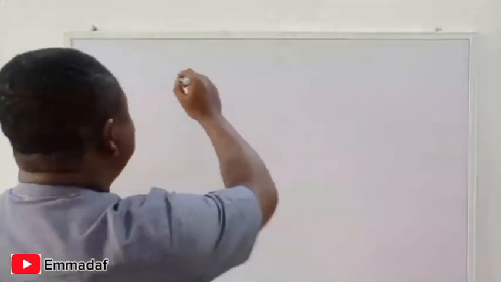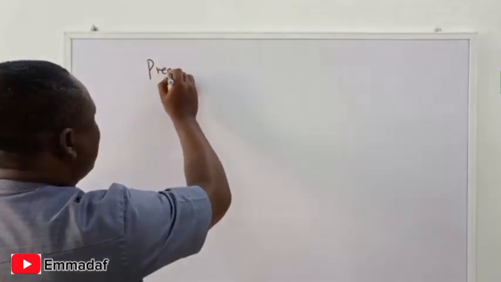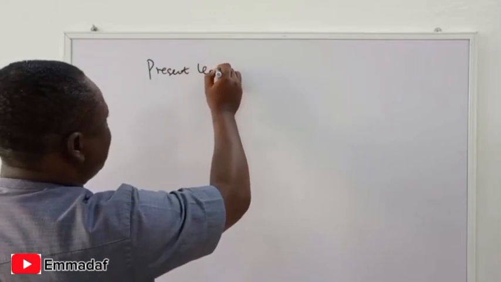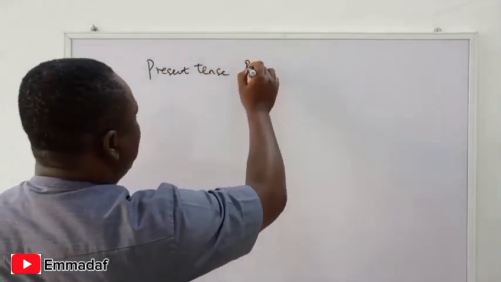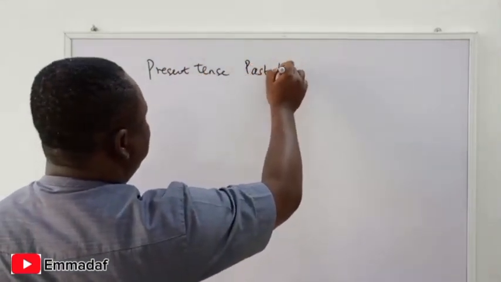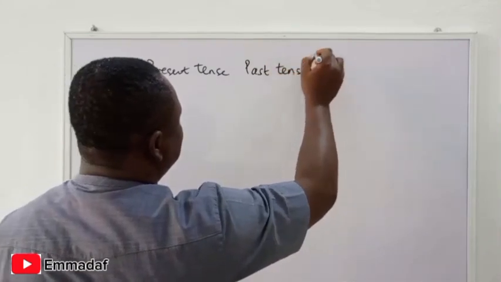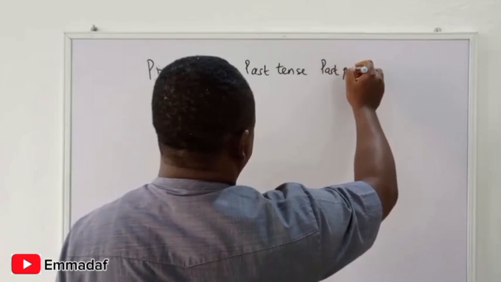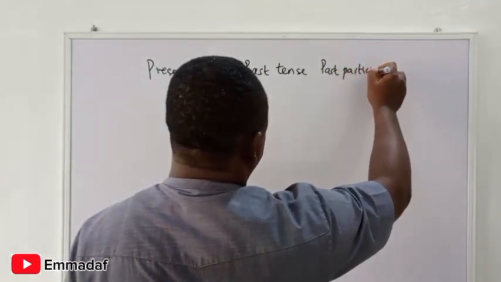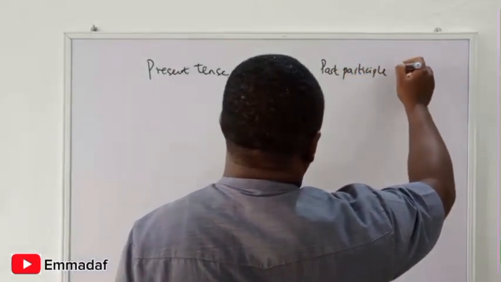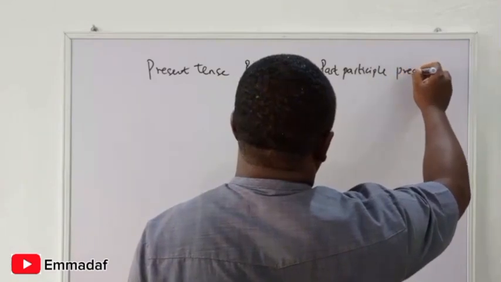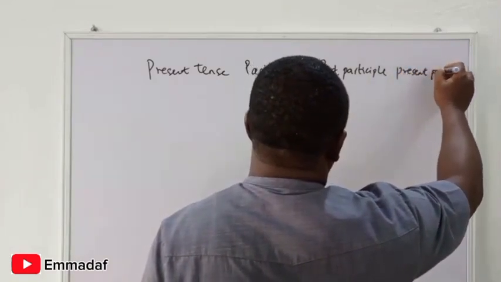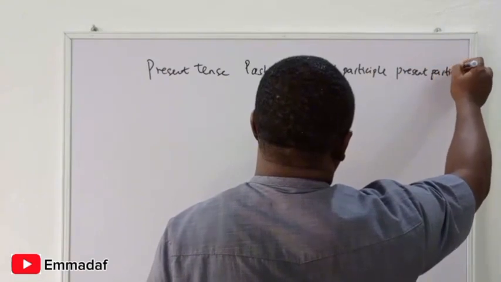So, what are these principal parts of the verb? Present tense, past tense, past participle, present participle.